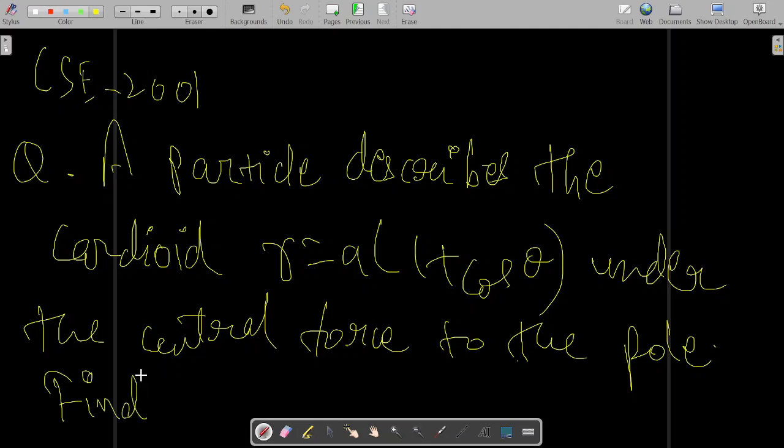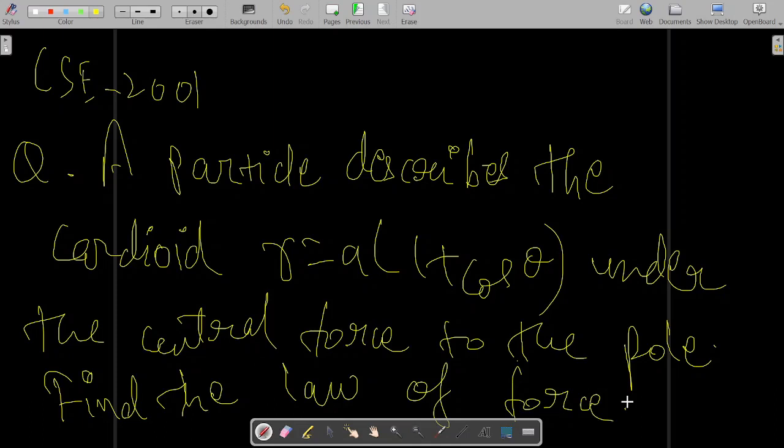Find the law of force. The particle describes a cardioid r equal to a into 1 plus cos theta under the central force to the pole. Find the law of force. You have to basically find out the law of force.